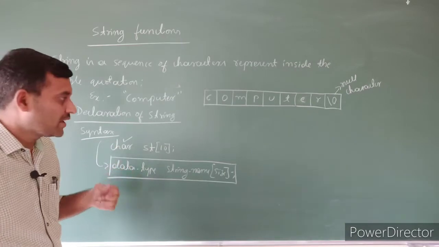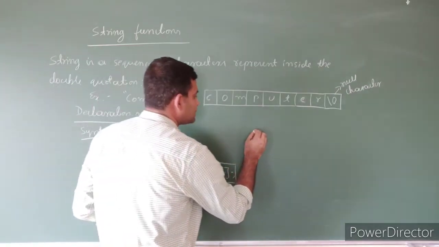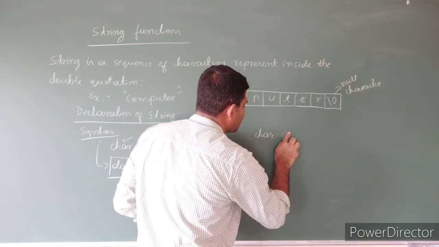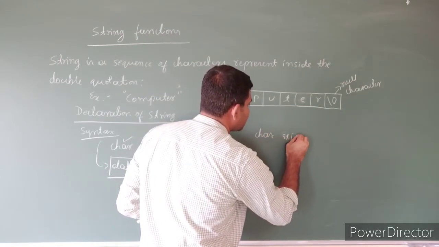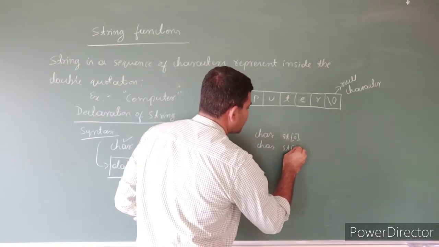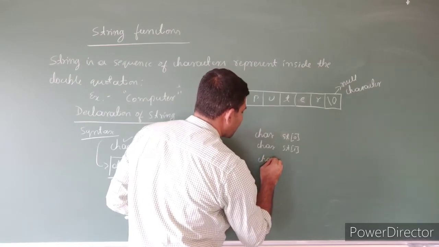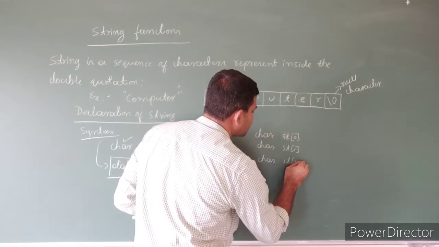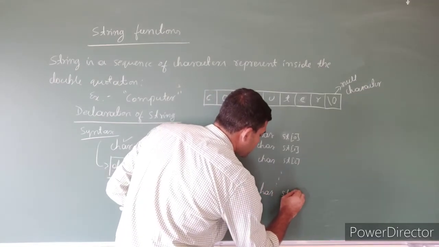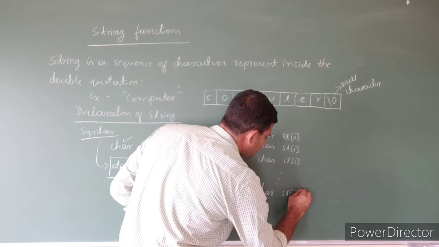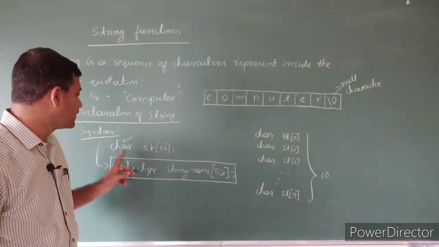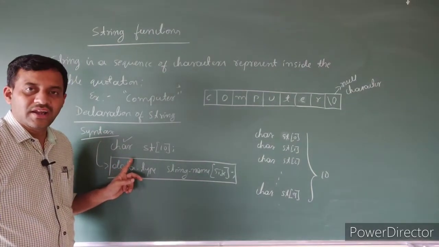Then what are those 10 elements? The first one is the character st[0]. The second one is the character st[1]. The next one is st[2], and so on up to st[9]. These are the 10 elements in the declared character array.